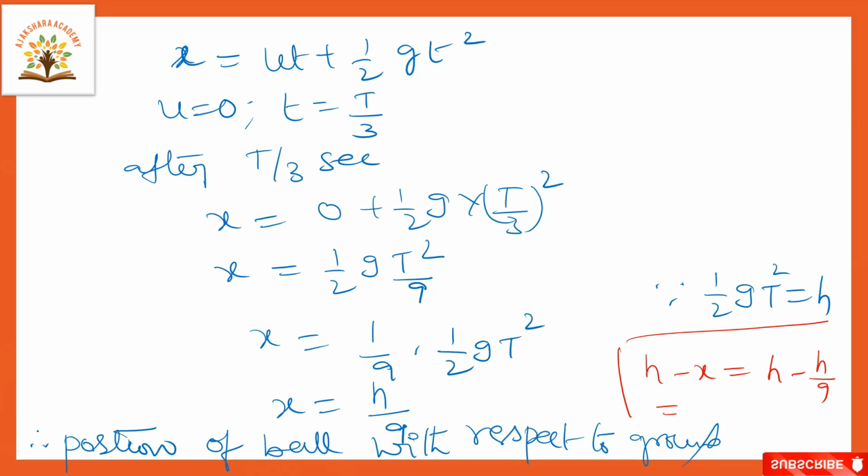That is 9h by 9 minus h by 9, which gives 8h by 9. So the position of the ball with respect to ground is 8h by 9. Okay, 8h by 9 is the final answer. Okay, next we will go to the next question.